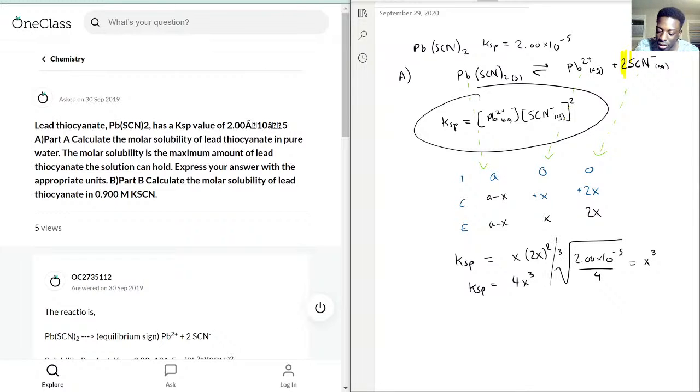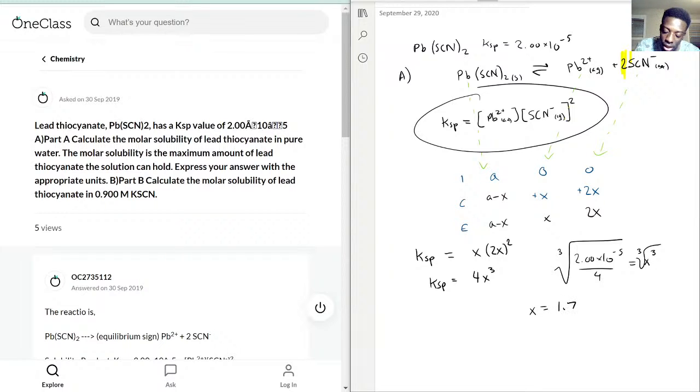All right, so this is what we have here for that step, just so we're keeping along. Okay, so that's what we have there. And we find out that when we do that, x is equal to, let me just double check here, the calculator, 1.71 times 10 to the negative 2 moles per liter.